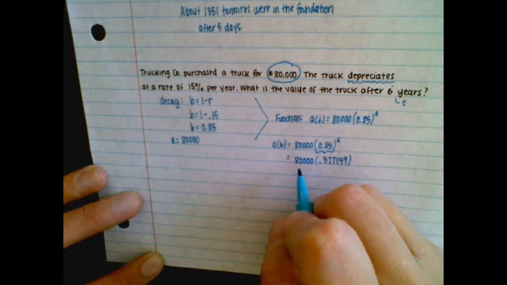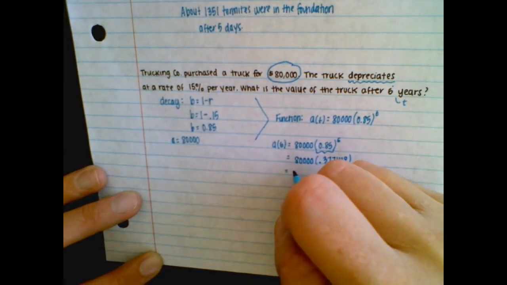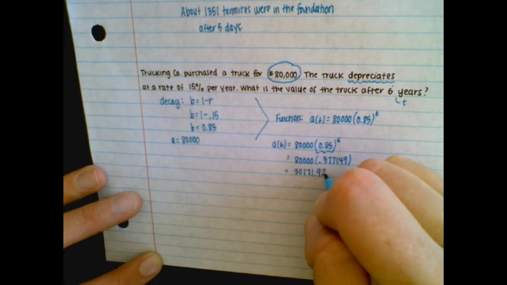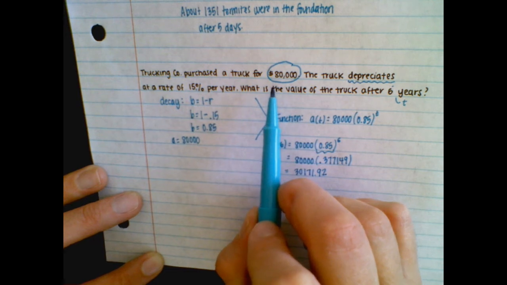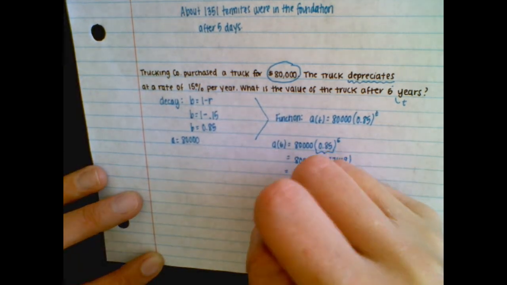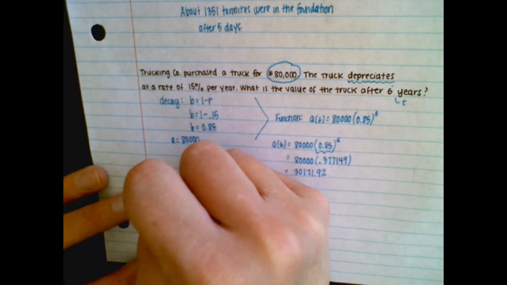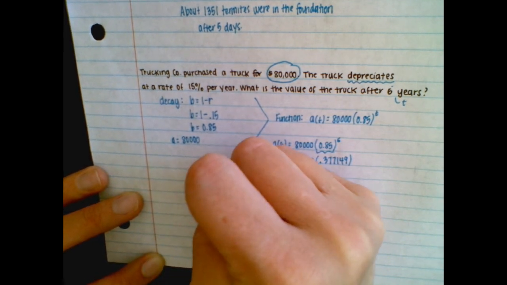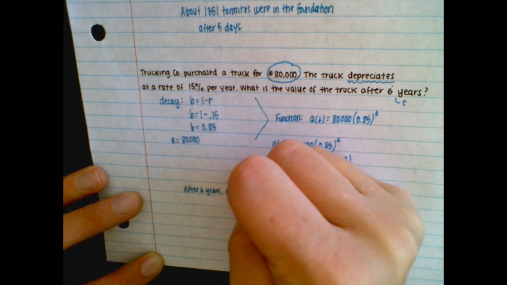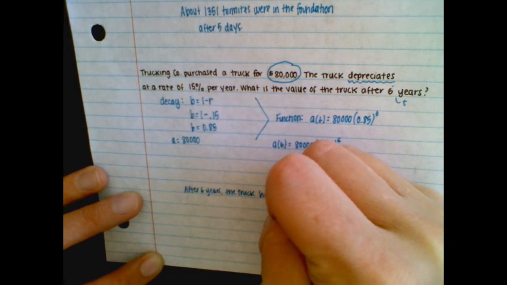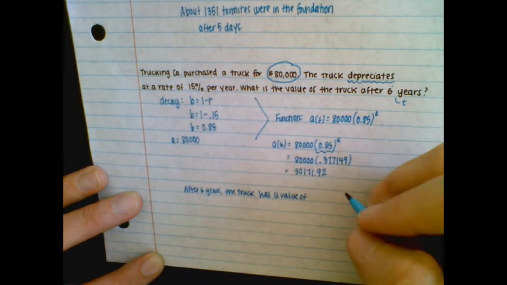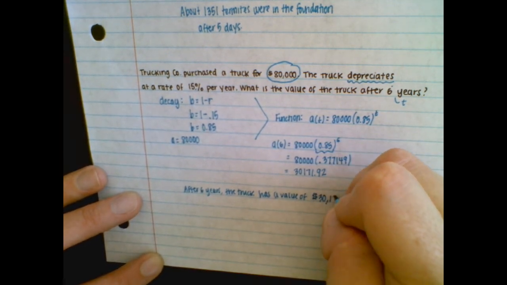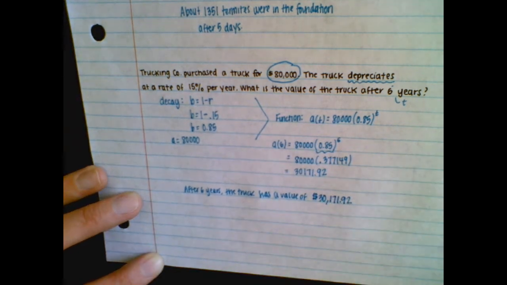When I multiply that out by 80,000, that gives me 30171.92. And since we are talking in terms of money, I'm going to say after 6 years the truck has a value of about $30,171.92.